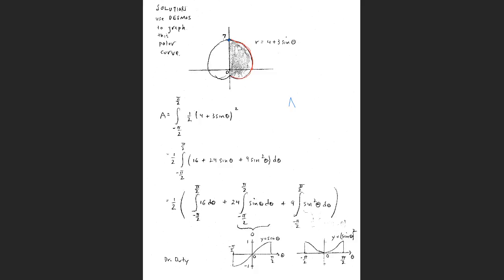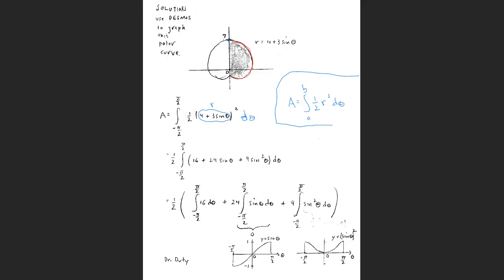Our area formula is the integral from A to B of 1/2 r squared d theta. That's how you find the area of a polar region. My radius is 4 plus 3 times the sine of theta, so that's my r. So 1/2 r squared, oh, I forgot to put d theta here, didn't I?